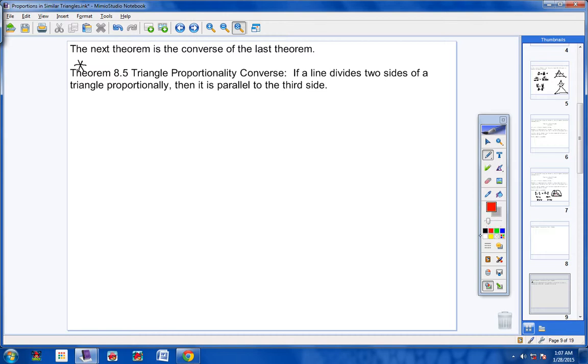And here it is. If a line divides two sides of a triangle proportionally, then it's parallel to the third side. There it is. If a line divides two sides of a triangle proportionally, then it is parallel to the third side.